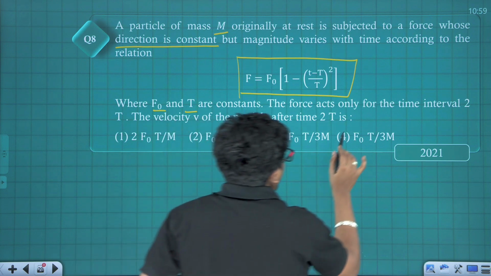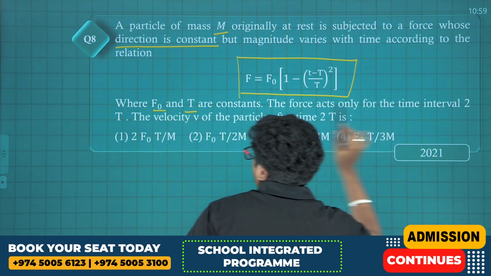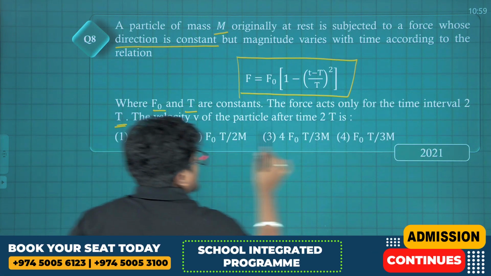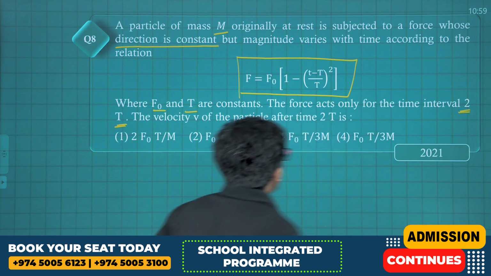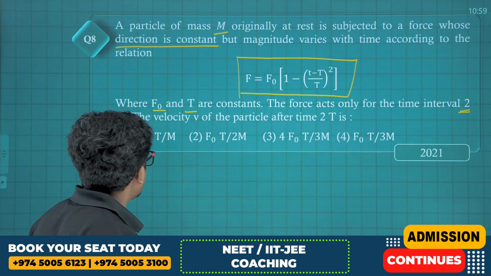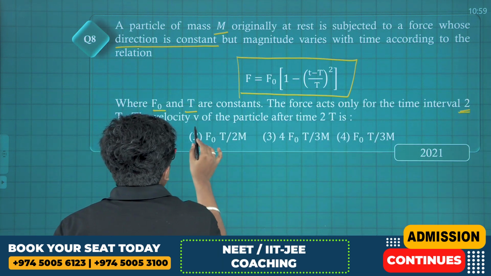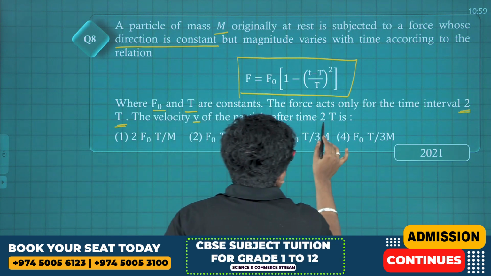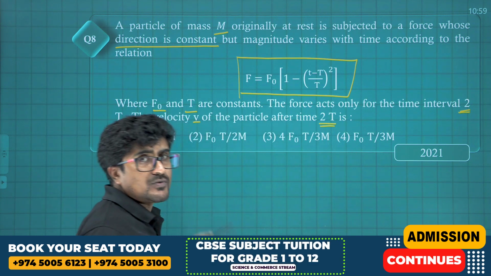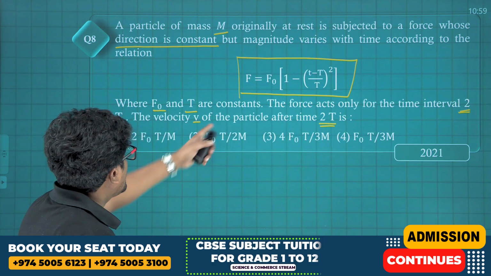Now the force acts only for the time interval 2T. That is very important. The force is going to act for time interval 2T. Now the question is, velocity v of the particle after 2T is. That's the question. Have a look.